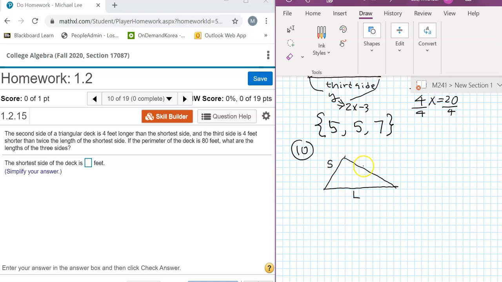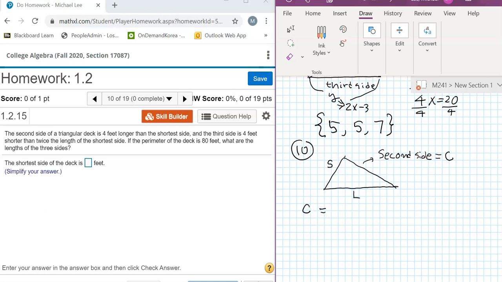Maybe I'm going to call the second side C.